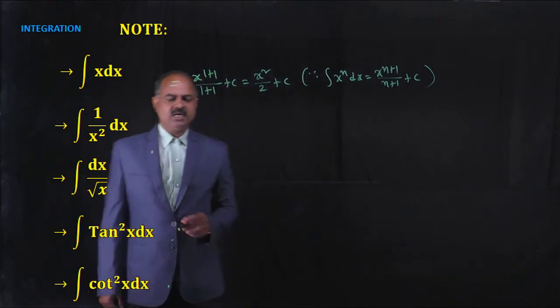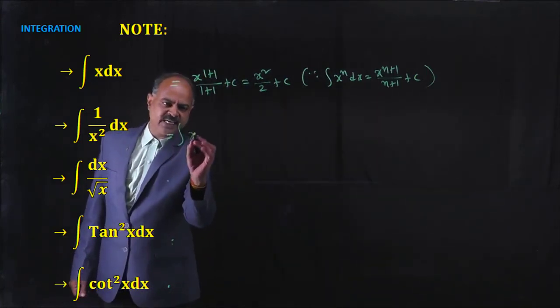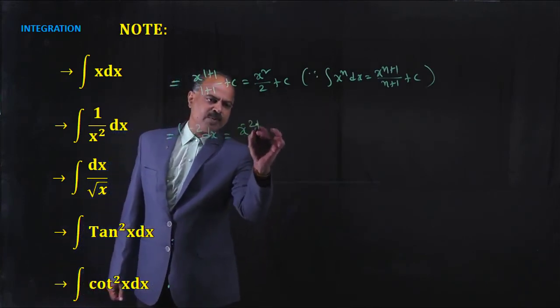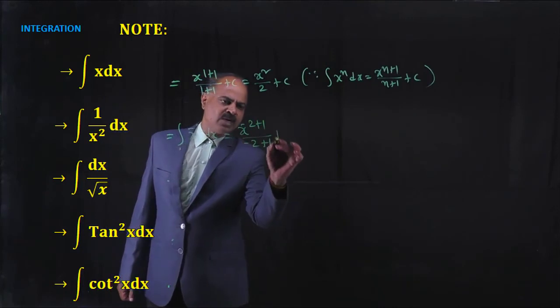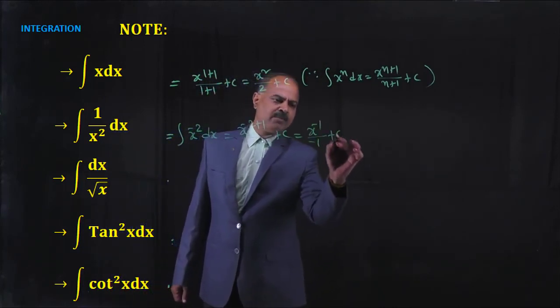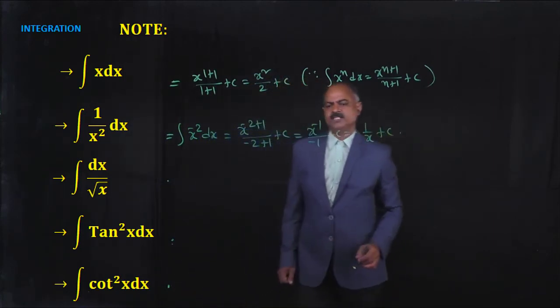Next one is integral 1 by x square dx. Now this can be written as integral x power minus 2 dx. So here x power minus 2 plus 1 by minus 2 plus 1 plus a. So that is equal to x power minus 1 by minus 1 plus a. That is minus 1 by x plus a.